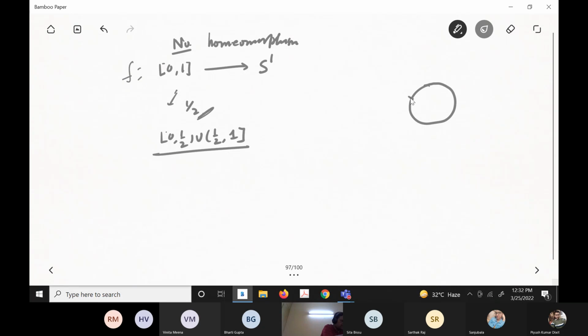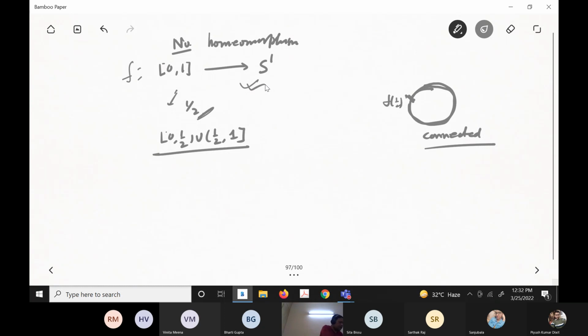But wherever that f half is, it will be one piece, not two pieces. So this will still be connected. How will you prove it? It can be proved later on. We'll talk about path connectedness. By path connectedness, it can be proved. It will remain path connected, so it will be connected. So here again, you can't have a homeomorphism. This is the way you can do it.